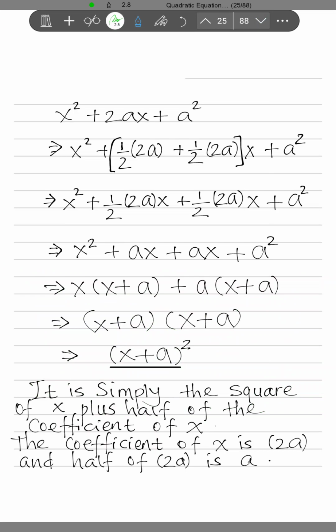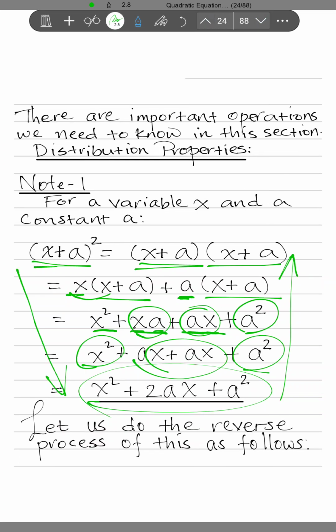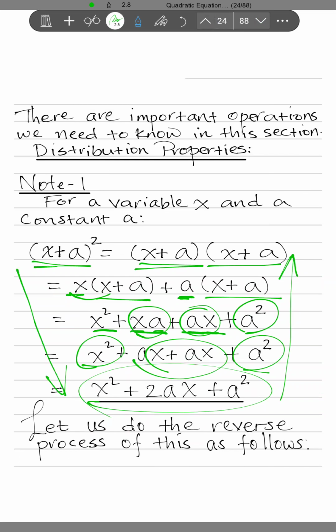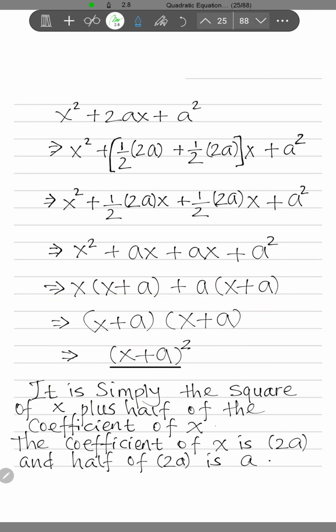Let's see it together here. Now what we have here, remember, is x squared plus 2ax plus a squared. We start from the final expression and we go in the reverse process. I have x squared here.